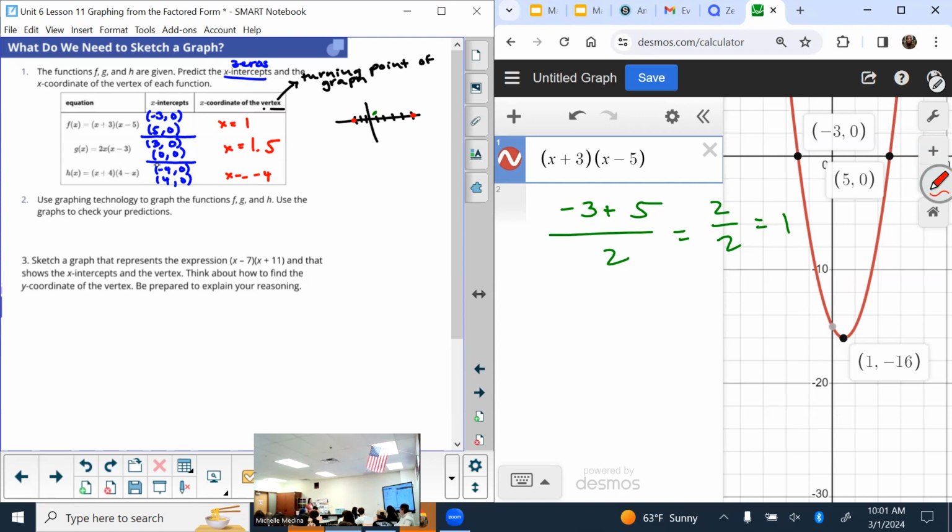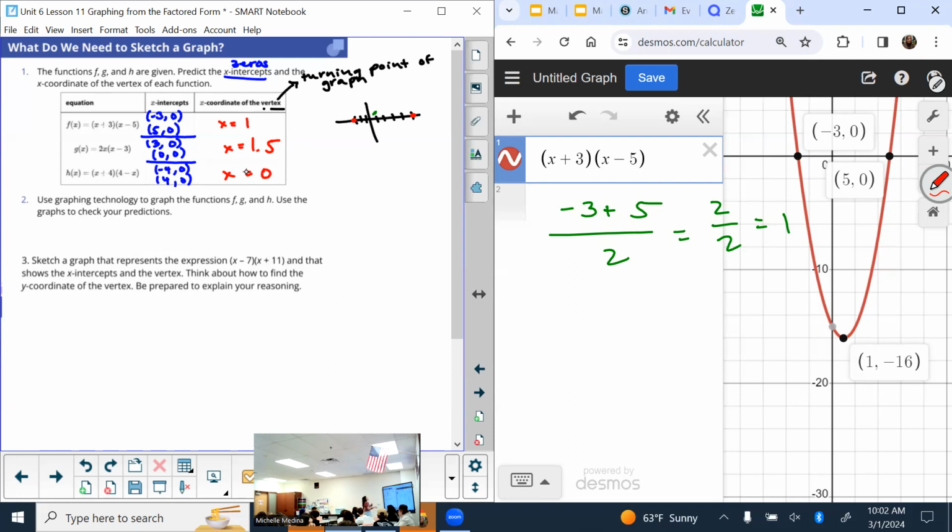Proven to you. What's my middle x value between -4 and 4? 0. If you add them together, you get 0, and then divide by 2, you get 0. Or just think about it. That really is the middle point between -4 and 4. Questions on that?